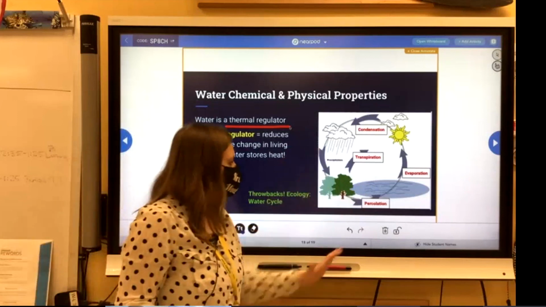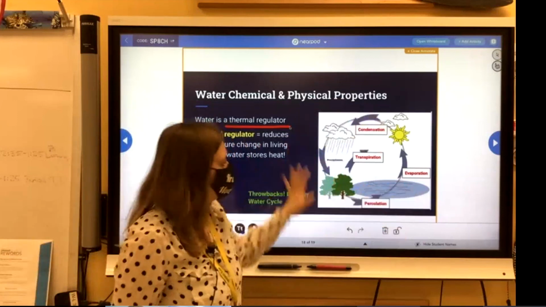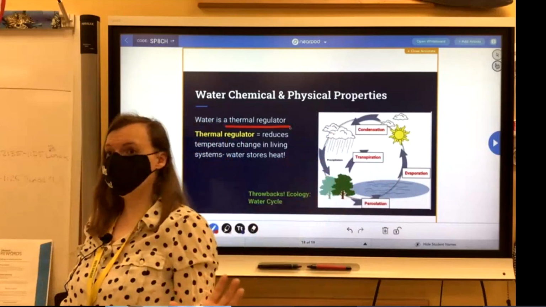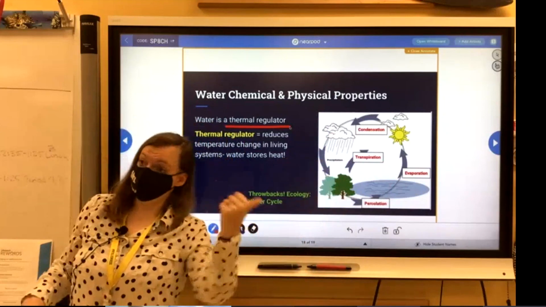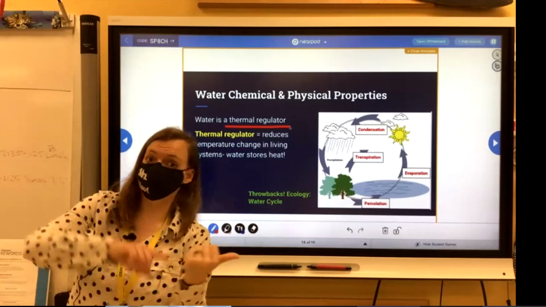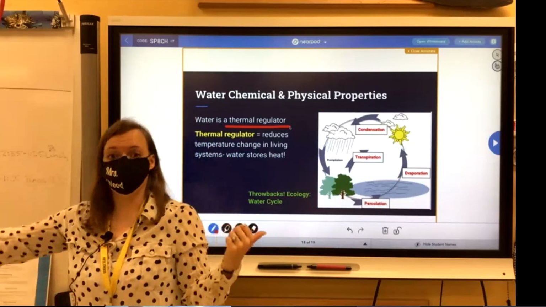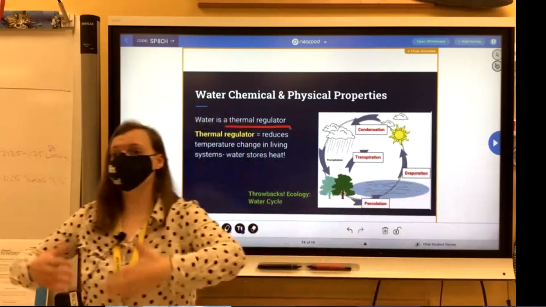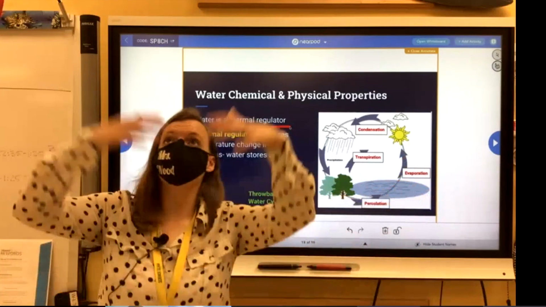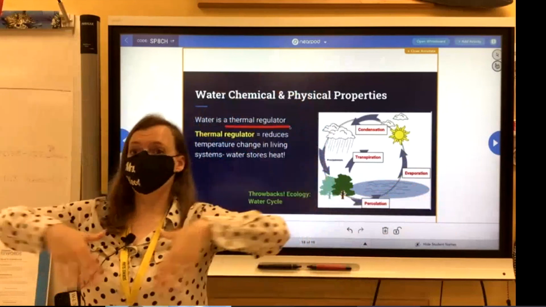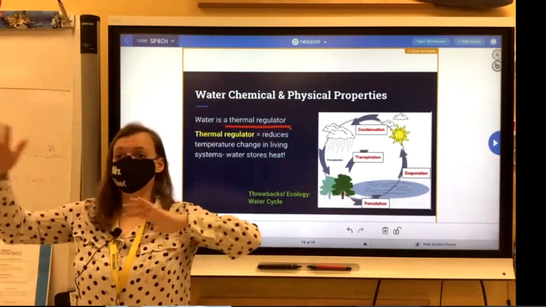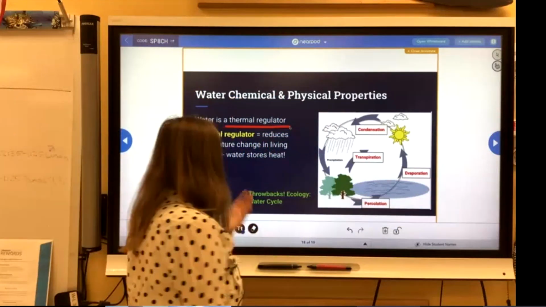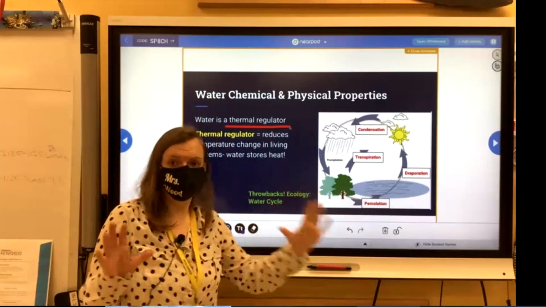It also applies to, because we've got that water circling through the ecosystem, this is one reason why at the beach, at the coast, a lot of times it's warmer than it is here or farther inland, because that water is holding in heat and it's able to release some of that heat to the air and keep that temperature more stable. All right. So this is really helpful for living things, kind of helps keep things stable.